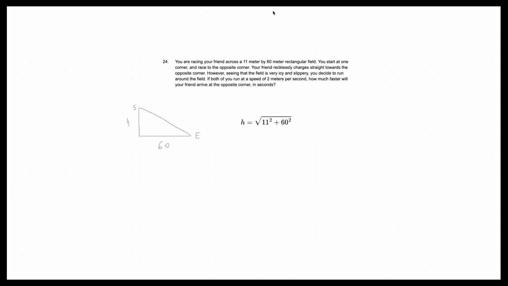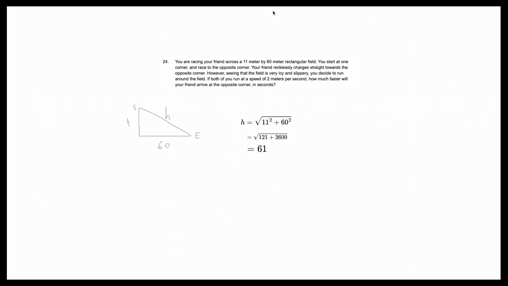If we let this hypotenuse be h, we can just do this, and then we can keep calculating. And then here, finally, we get that the answer is 61. So that's the length of the hypotenuse.